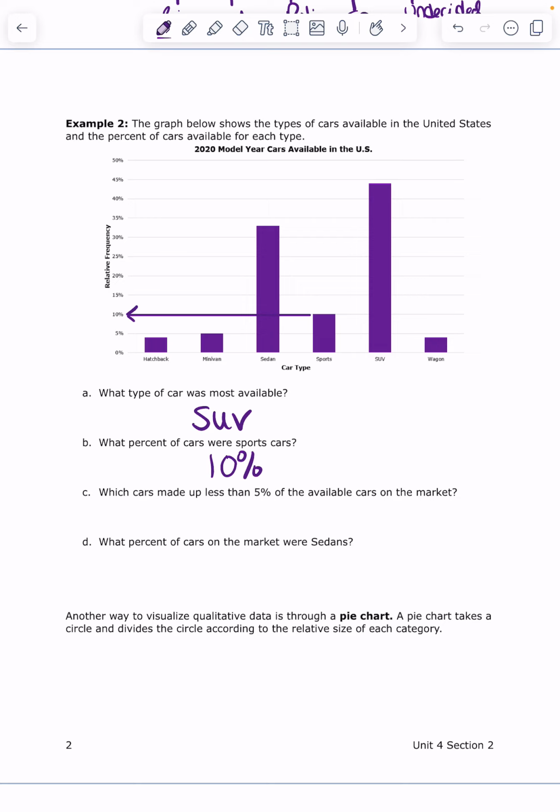Which cars made up less than 5%? So we're looking at the rectangles that are below the 5% line, and those are hatchback and wagon. So you might be thinking, well, what about the minivan? So minivan is on exactly 5%, and this is less than 5%.